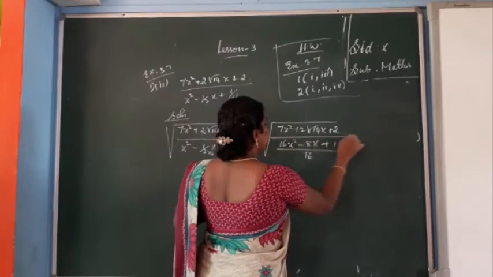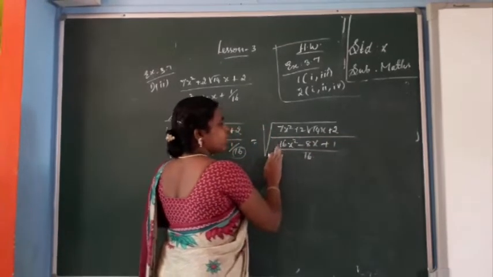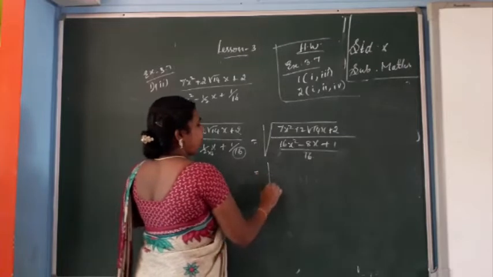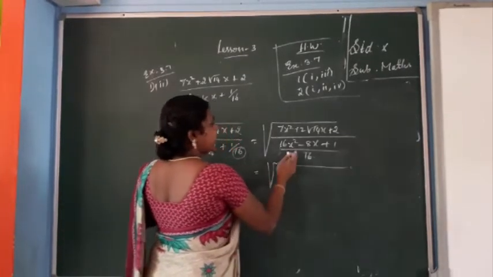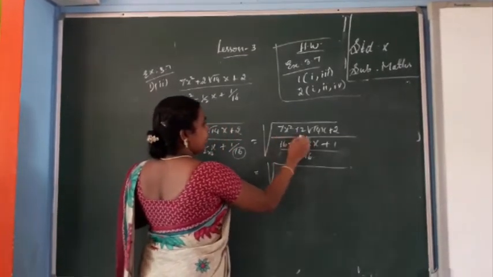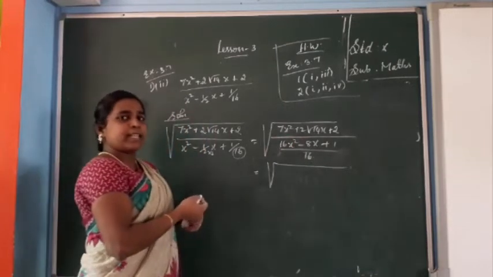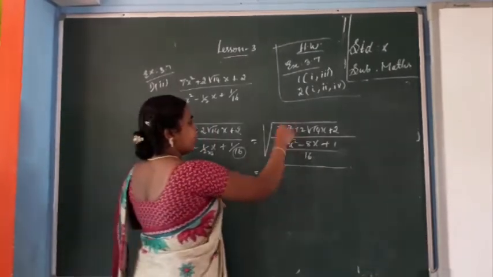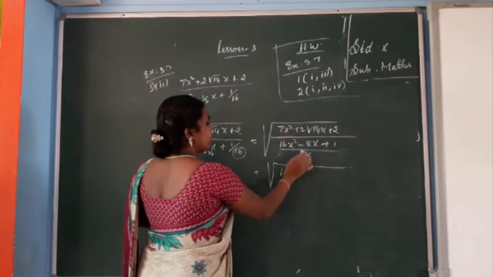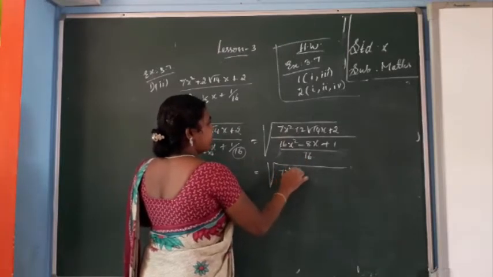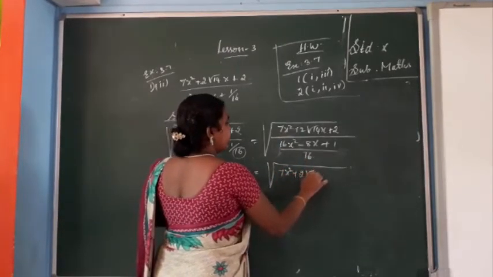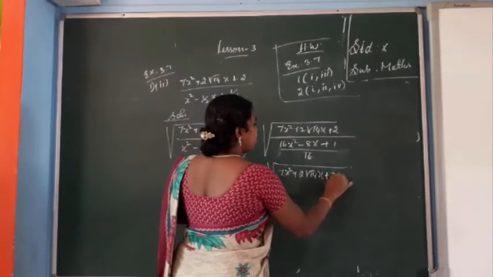This is in the denominator, equal to square root of, okay, then see, divided by one fraction means we can't take the reciprocal, see 16 comes in the numerator, so 16 into 7x square plus 2 root 14x plus 2.